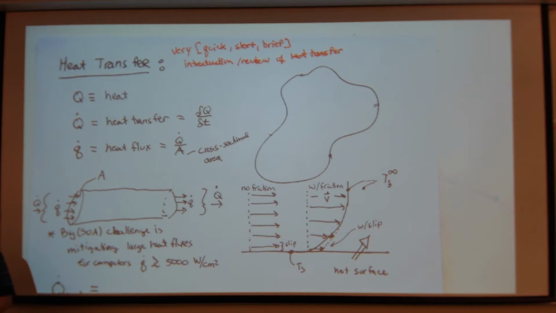Now, for reference, if I take my hand at room temperature and dip it in a bucket of ice water, and say my hand has a surface area of, let's just say, maybe 200 centimeters squared, what do you think the heat flux is?